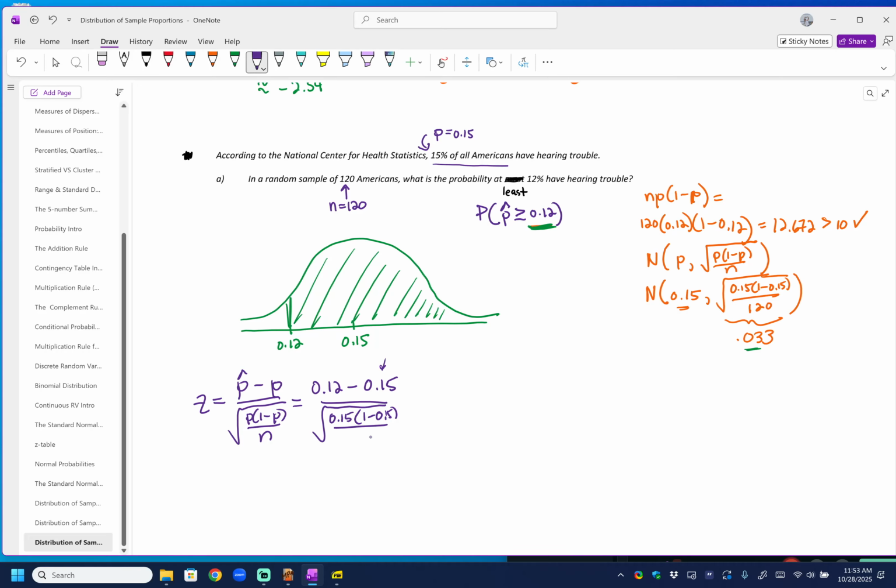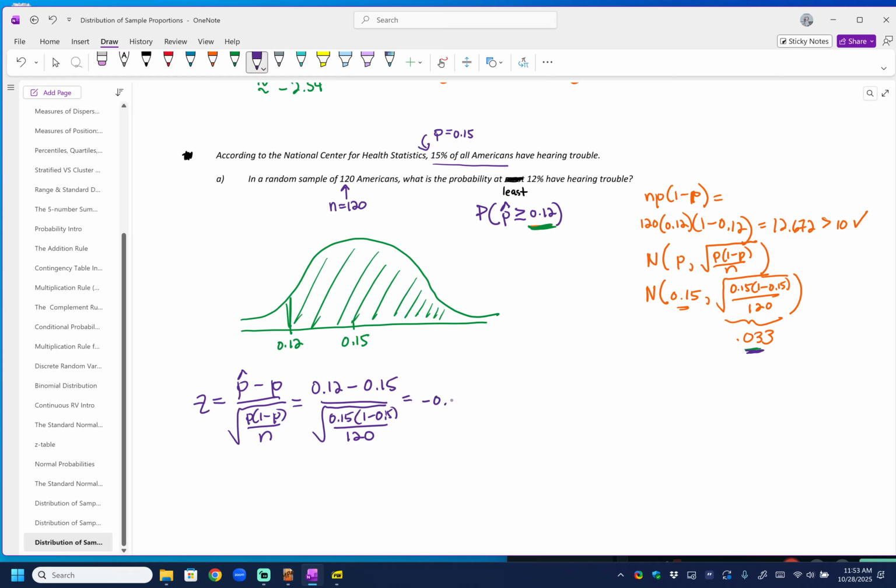We already know that this entire denominator is about 3 percentage points, 0.033, but it's good to throw the whole thing in so there's no rounding involved, and we get a precise z. If we throw this into the entire mechanism here, we're going to get negative 0.92.